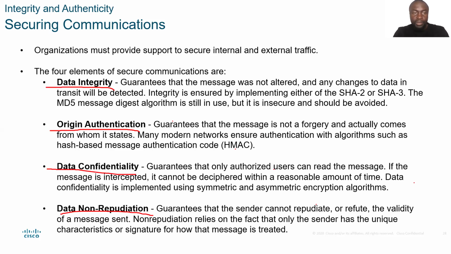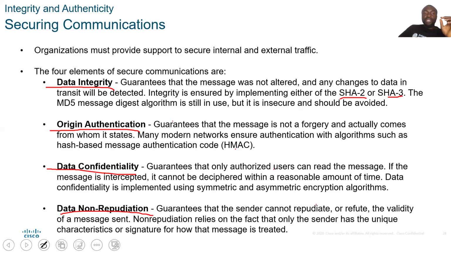Now let's look at them. When you say data integrity, what are we talking about? That just guarantees that the message was not altered, and any changes to the data in transit will be detected. Integrity is ensured by implementing either SHA-2 or SHA-3, which are message digest algorithms.